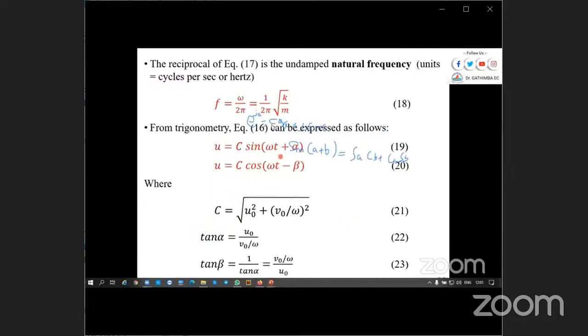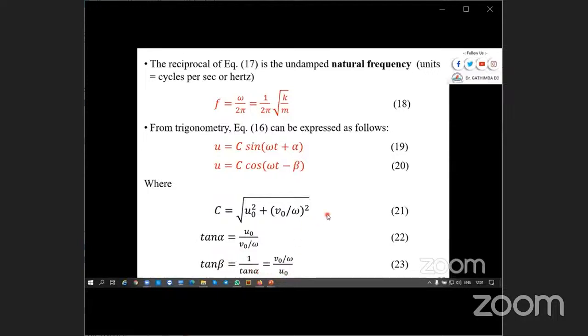But now we use that case to compress our expression in this manner. Okay. Where C now, of course, this value C here is given by this expression. Tan alpha is given by this expression, and beta is given by this expression.